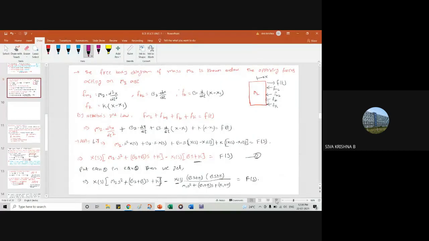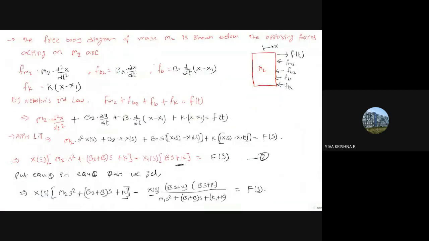So let me expand this. So next take x of s common, and then take directly the LCM here. I'm taking x of s common now. And what is the denominator LCM? m1 s square plus b1 plus b into s, plus k1 plus k.